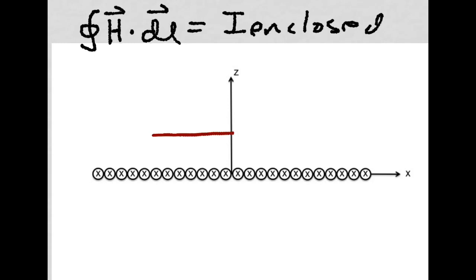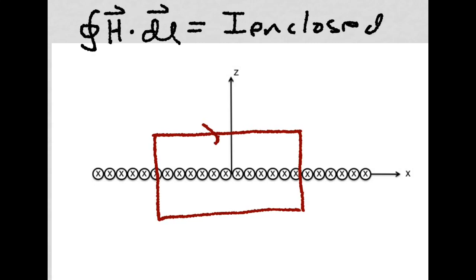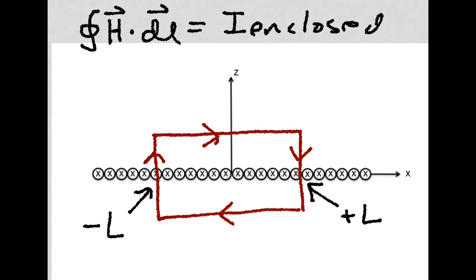So let's take a path like this, where the top and bottom segments are parallel to our sheet of current and the two sides are perpendicular. Let this point be minus L and this point be plus L.